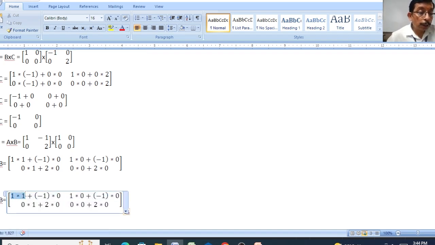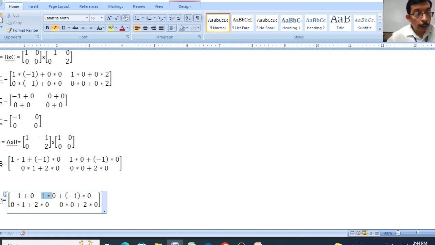1 into 1, -1 multiplied by 0, then the answer is 0. Write down 0 in the same position. 1 into 0, result is 0. Note down 0 in the same position. -1 into 0, 0. Note down the 0 in the same position. 1 into 0, 0. 2 into 0, 0. 0 into 0, 0. 2 into 0, 0.